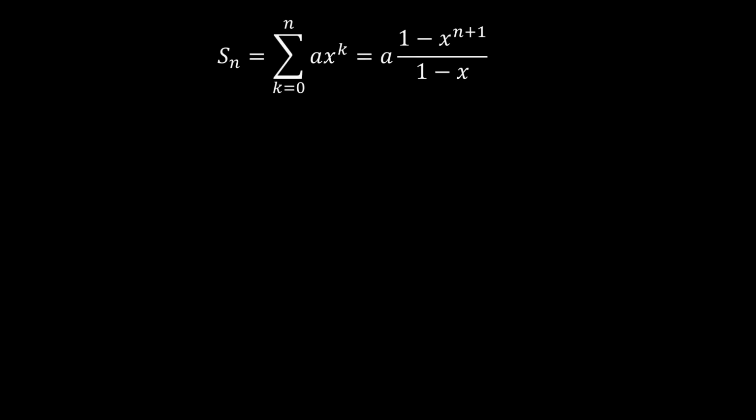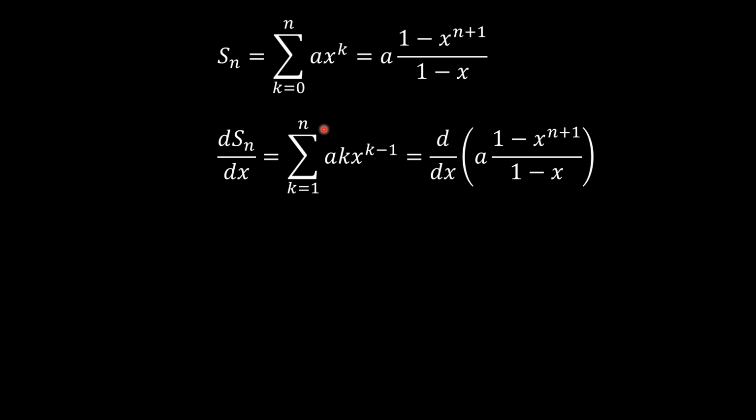So we want to find that, and we begin with our geometric progression, and we know this: the sum from k equals 0 to n of a times x to the power k is the same as a times 1 minus x to the power n plus 1 over 1 minus x.